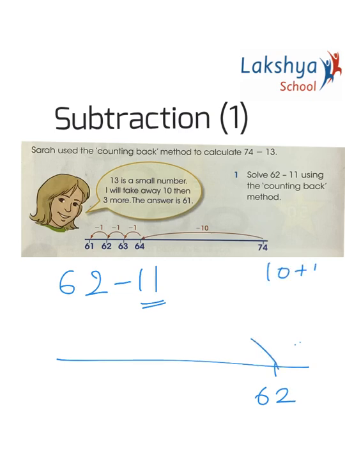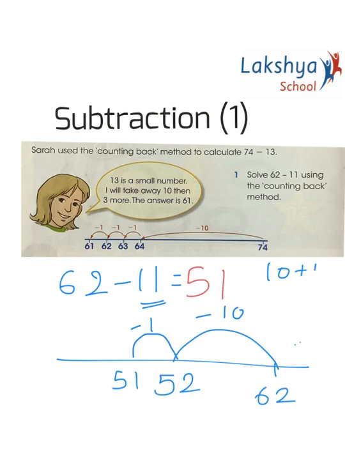First, let me take away 10. So I take away minus 10, which gives me 52. And now I take away minus 1, which gives me 51. So I say 62 minus 11 is 51.